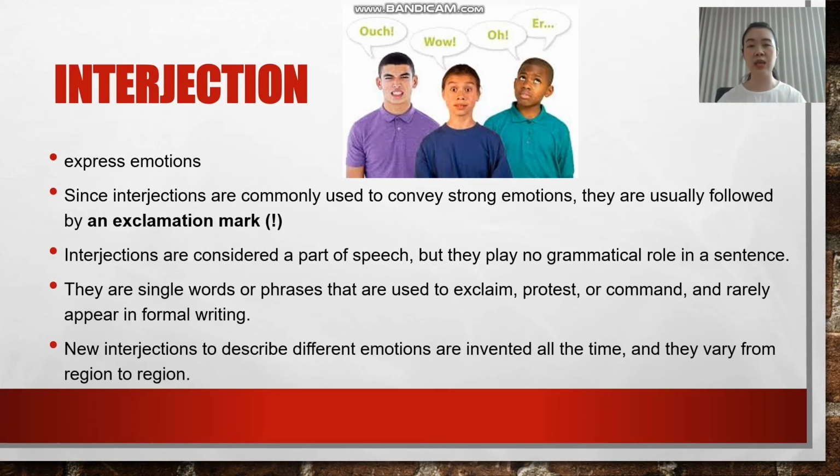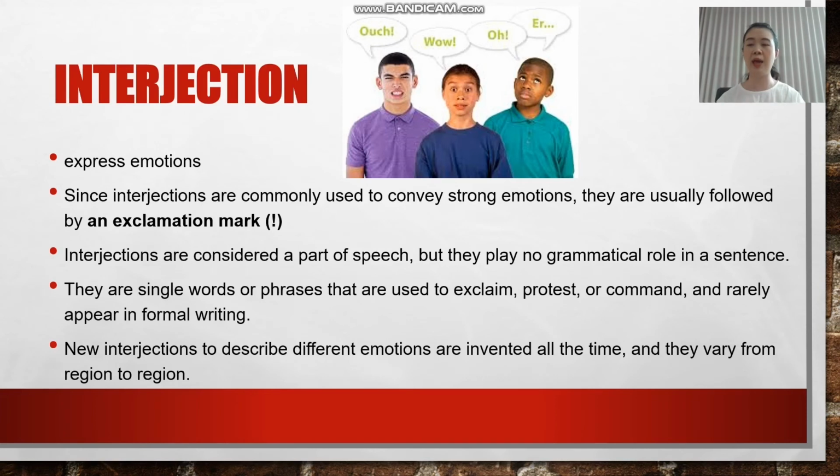That's because the interjection is used to express emotions only. It doesn't think about the grammar. And since interjections are commonly used to convey strong emotions, we need one punctuation mark to follow those interjections.